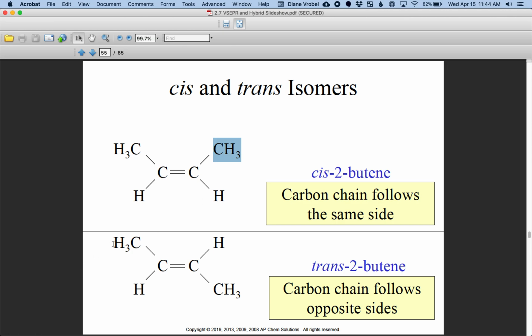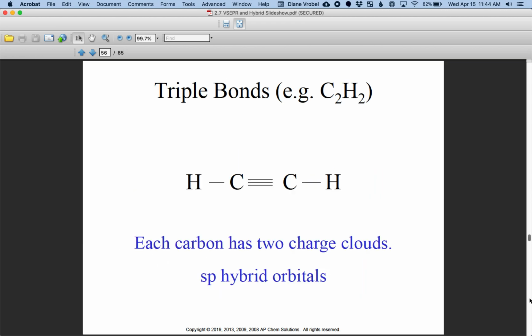Now we can have the opposite, where we have a CH3 substituent on one side, and then across from it is another CH3 substituent or terminal group, and it is frozen in place. There is no rotation. So if you were to take these two molecules and overlap them, you would see that they don't match up. So they actually are different.